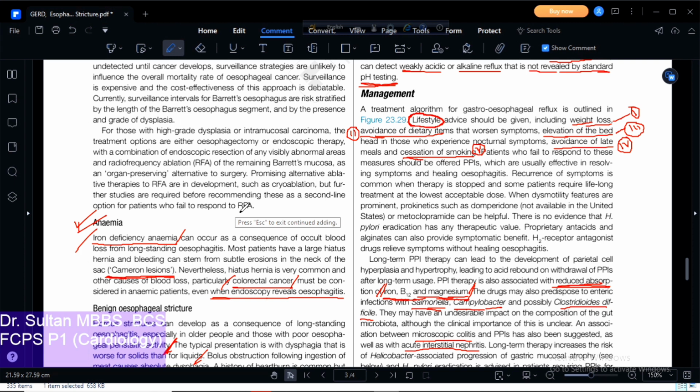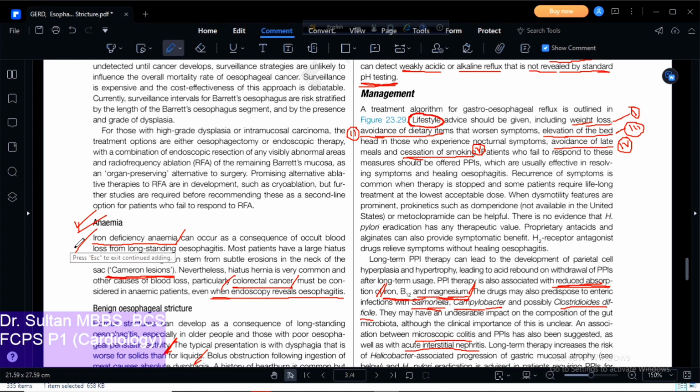So in this case, if you find esophagitis on endoscopy, you also have to consider colorectal cancer. So in that case, we also have to do colonoscopy to exclude colorectal cancer. I repeat, if you find people with GERD with iron deficiency anemia, how do you find iron deficiency anemia?